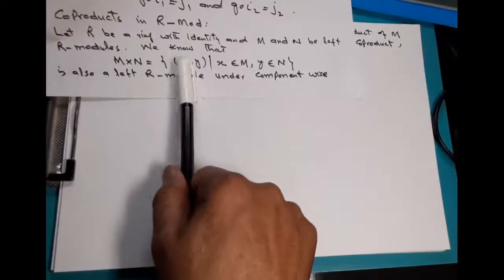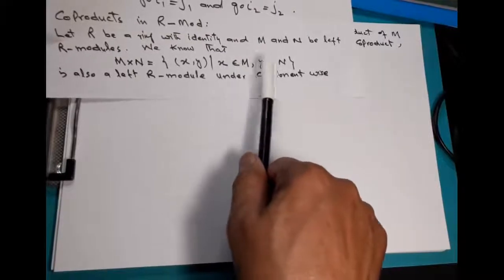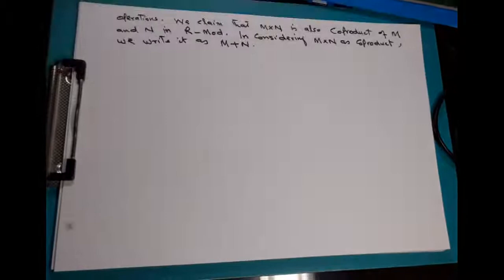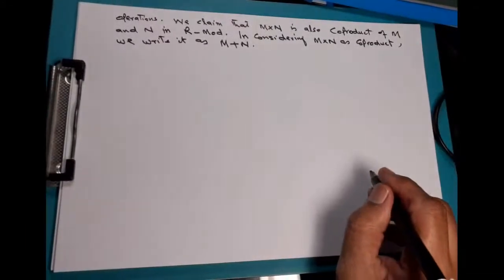Its elements are ordered pairs (x, y) such that x belongs to M and y belongs to N, and operations are component-wise. However, when we consider it as co-product, we write it as M plus N.